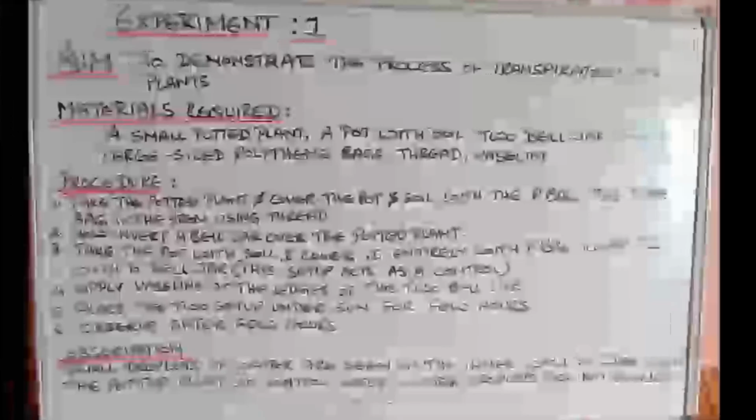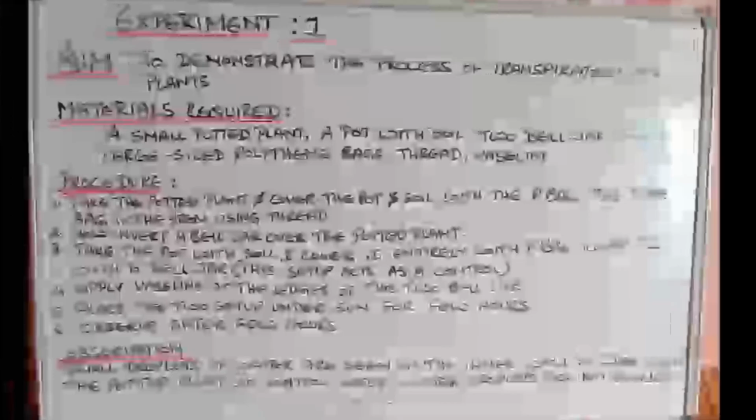And in the control setup, water droplets are not formed. This is the demonstration of the process of transpiration in plants. You all also can try it. This is the way you need to do it in your copy.